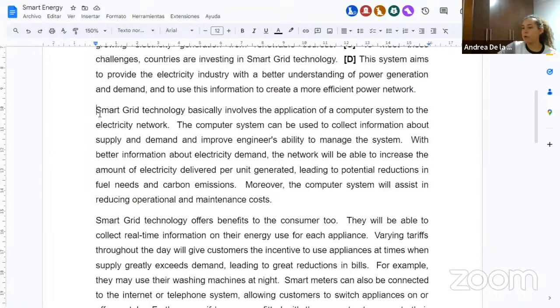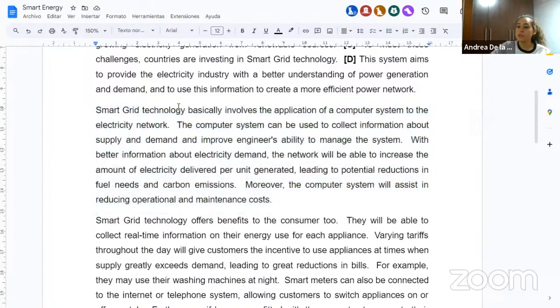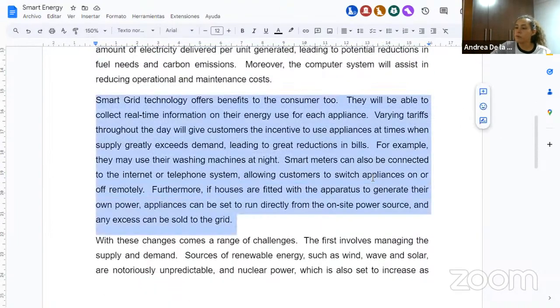The next paragraph, what is it about? It talks about how this technology works, right? The next paragraph, what is it about?